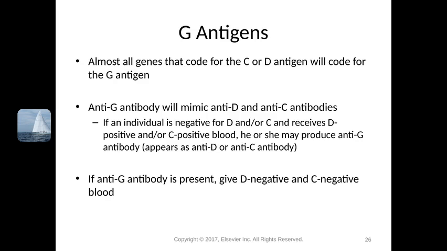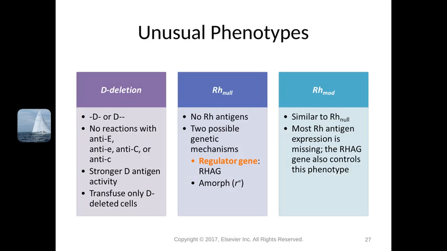So some of the unusual phenotypes, now these you could essentially never encounter. They're pretty rare. So we have a D deletion, an Rh null, and an Rh mod. So basically, we're starting to see missing reactions within our Rh antigen typing. In a D deletion, there's a stronger D antigen activity, so we'd have to transfuse only D deleted cells.